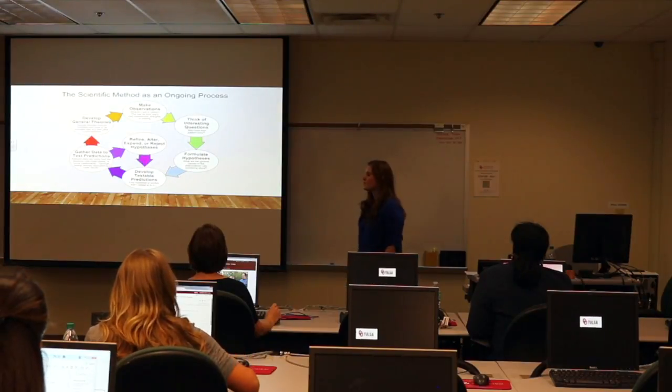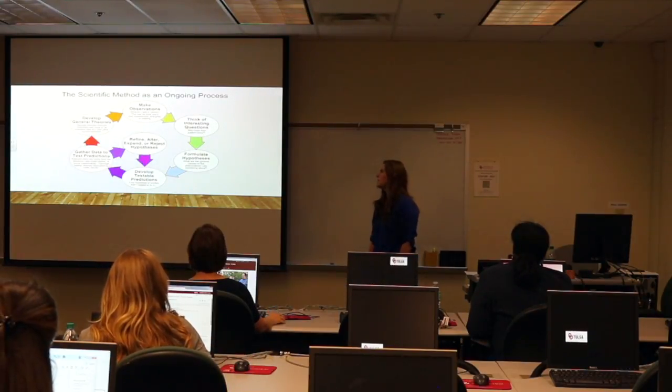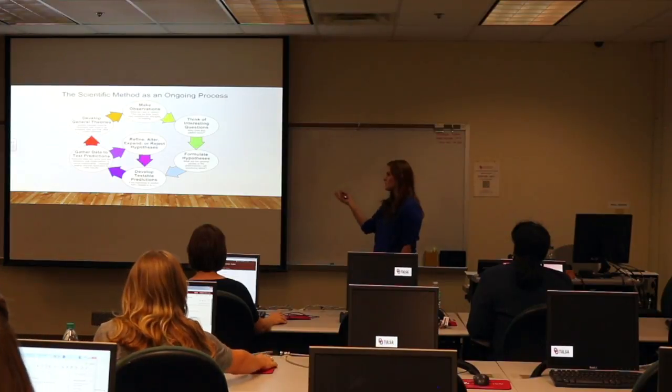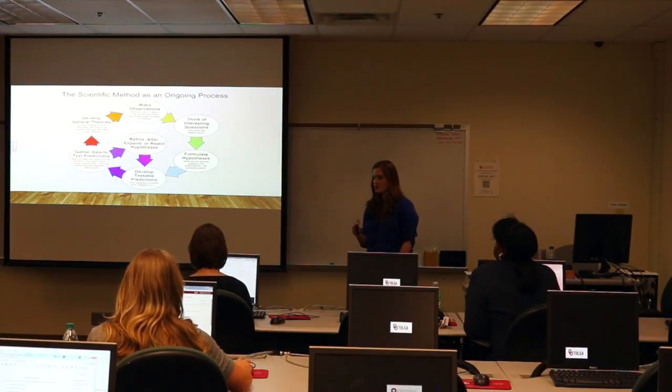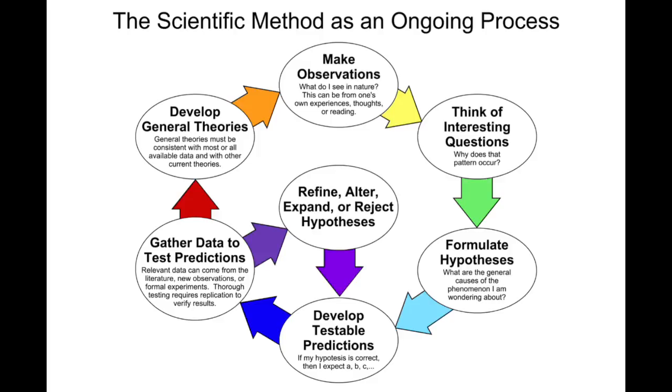Okay, so we've been talking a lot about the scientific method and how to use this as the research process and guiding you in the steps. So the first three bubbles we went over in day one: how to make an observation in your field or due to your experience or your interests, and then how to think about that observation in terms of a scientific question, looking at the literature, seeing what has been done prior to your study, and then formulating a strong research question or hypothesis.